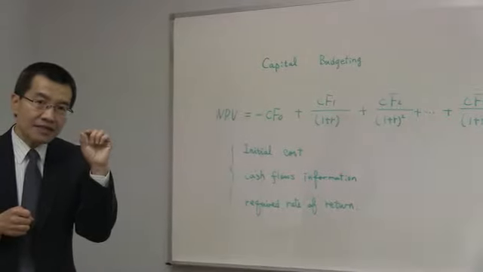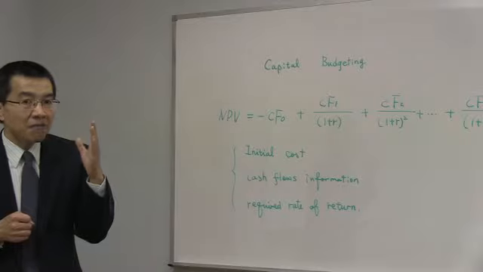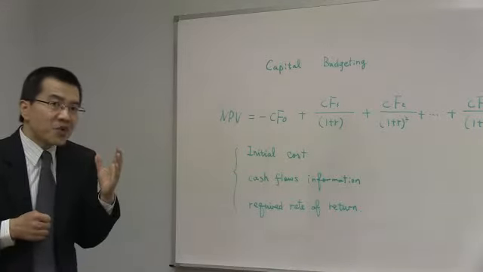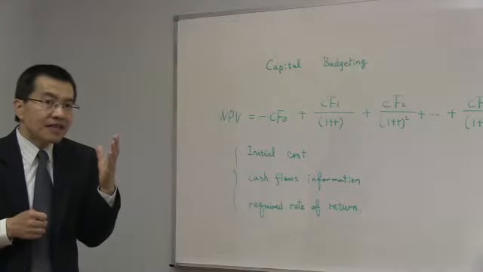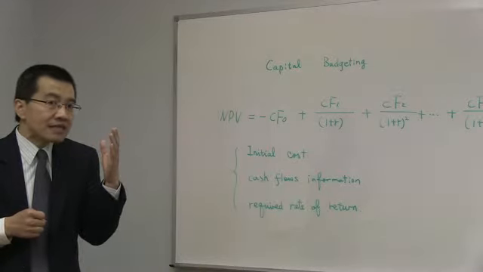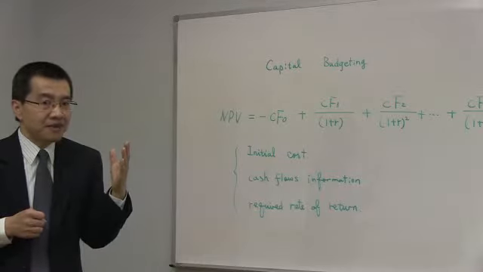If the project itself is relatively safe, then I will ask for a smaller required rate of return. If the project is quite risky, that usually indicates the likelihood of getting the money back is not that good. So in that case, you may ask for a higher rate of return.